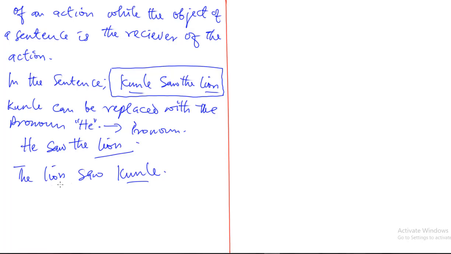It is the lion now that is the subject of the sentence. So Kunle in this second sentence has taken the position of an object. In the first sentence, it took the position of a subject. But here it took the position of the object. So the pronoun that we use to replace Kunle here will be what? Him.